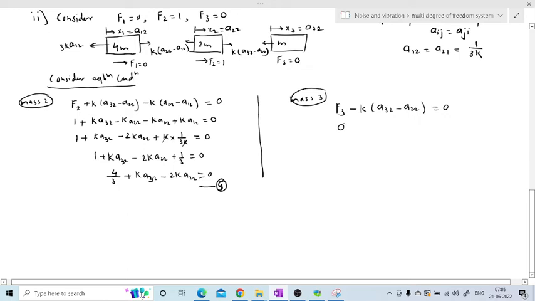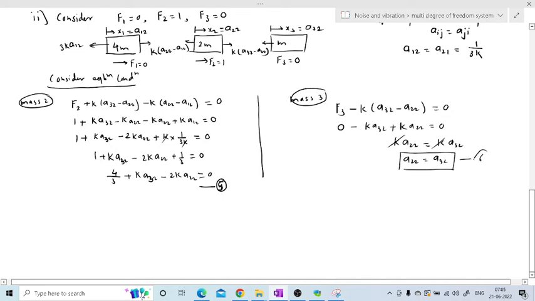What is the value of F3? It is 0. So minus K A32 plus K A22 will be equal to 0. Now transfer this minus side on the other side. So K A22 will be equal to K A32. So K will be cancelled. So A22 will be equal to A32.